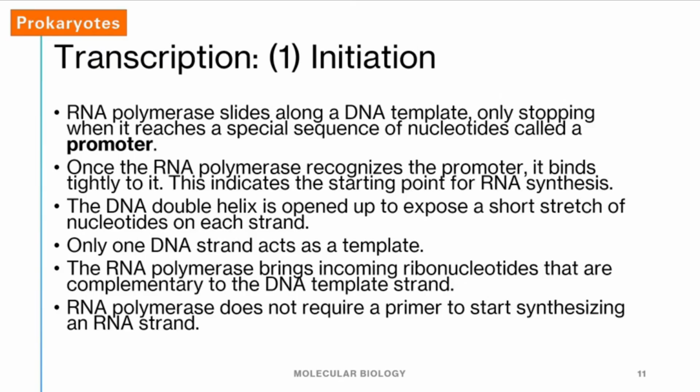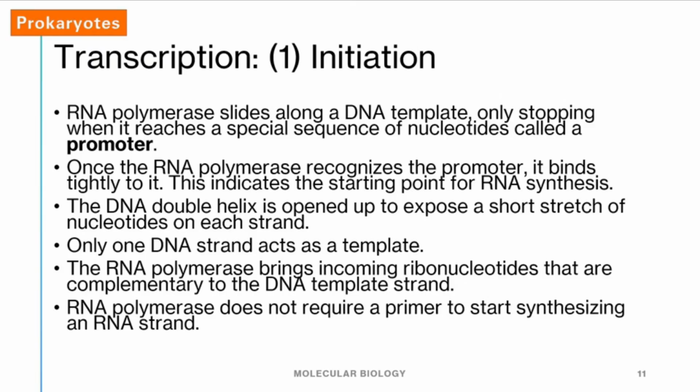Of the 2 DNA strands, only one of them is going to be acting as the template, and the RNA polymerase will start to incorporate ribonucleotides into the enzyme, which are going to be complementary to the DNA template strand, and that will in turn generate the new RNA strand.